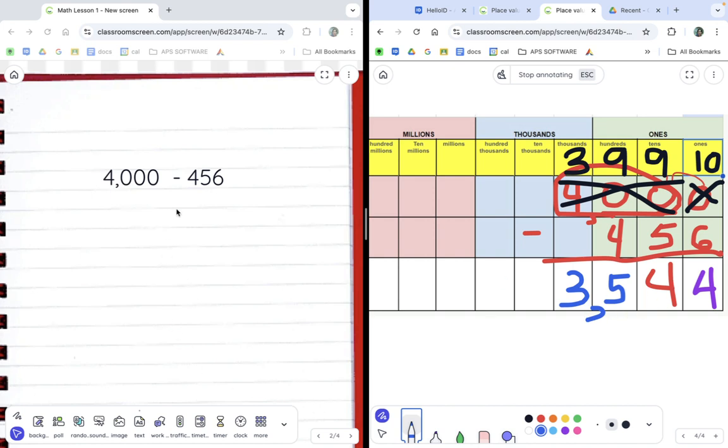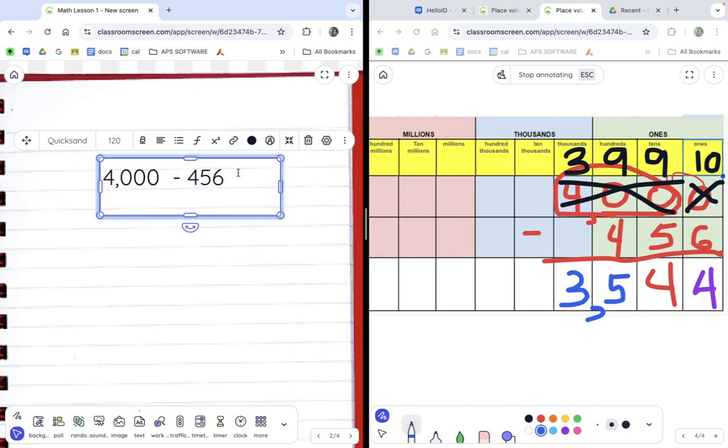So when you move over here, you can type 3,544. Okay, and that's it. Now if you have a new set of numbers, all you need to do is just follow the steps, and if you have any questions, just let me know.